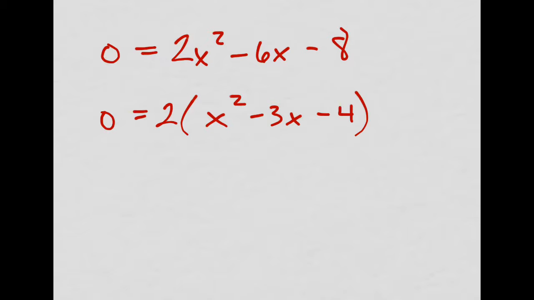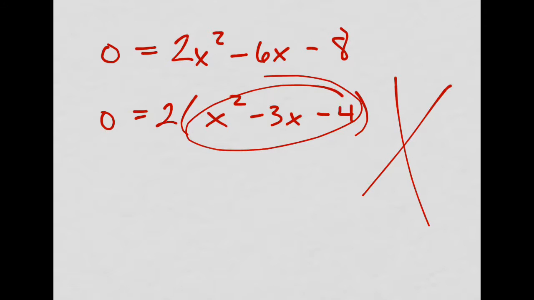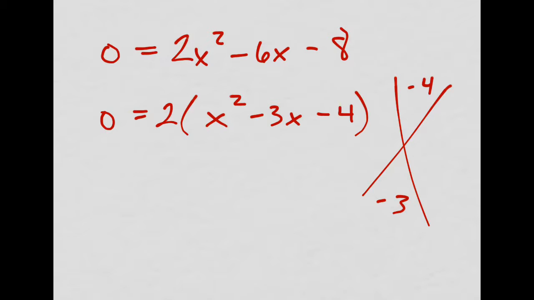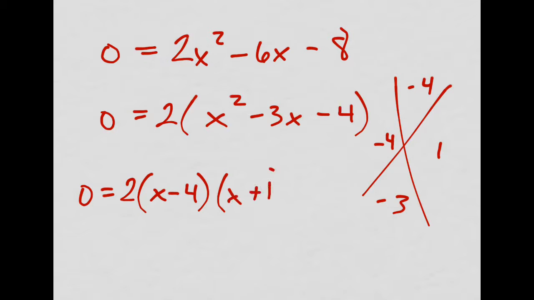And then now I can use the big X for this part. Did we just do this? No, we didn't. This could be 4 and 1, yeah, and it's a negative 4. So, 0 equals 2 times x minus 4 and x plus 1.